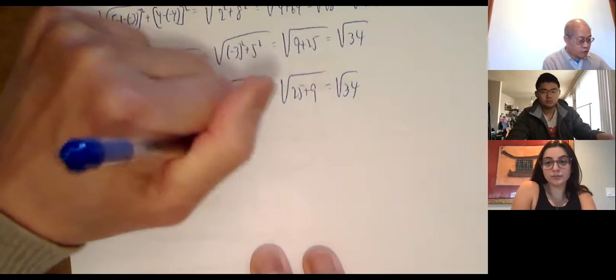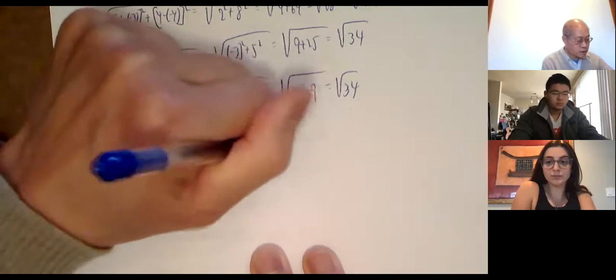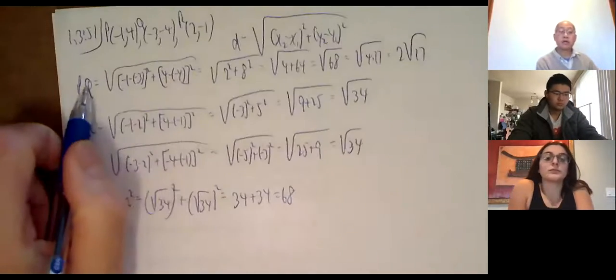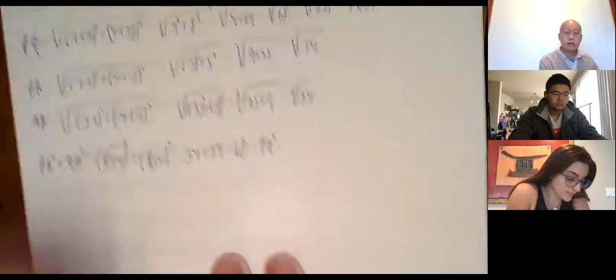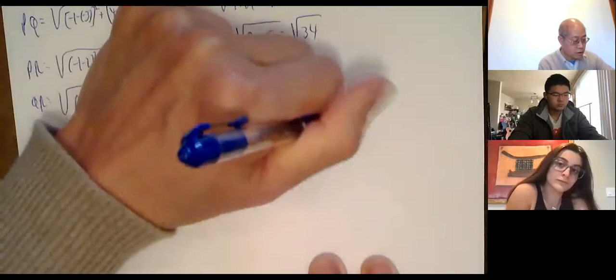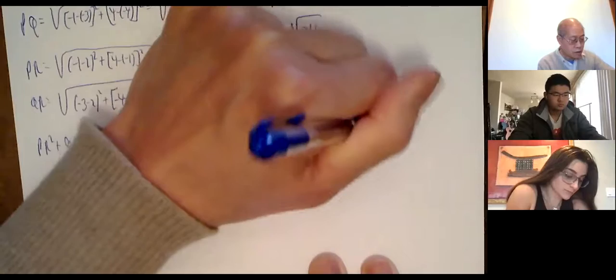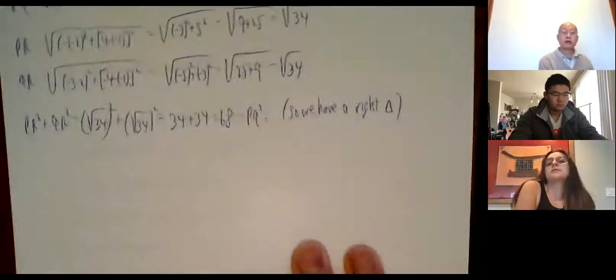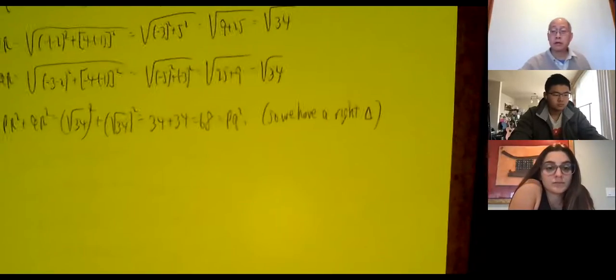That's 34 plus 34, which is 68. And that's equal to PQ squared, which was radical 68. So that proves we have a right triangle.